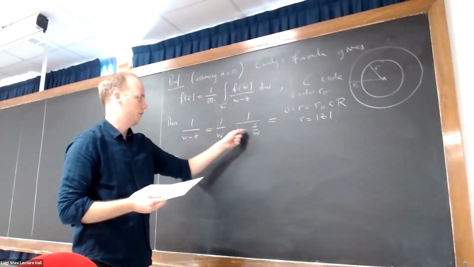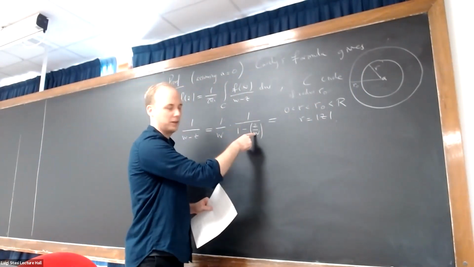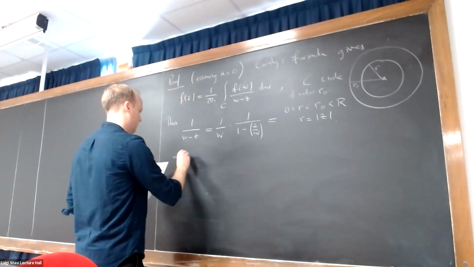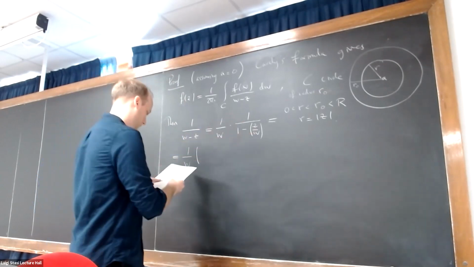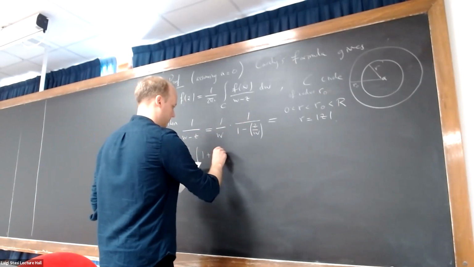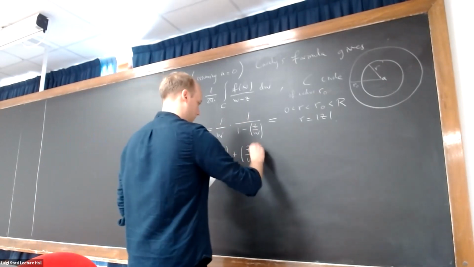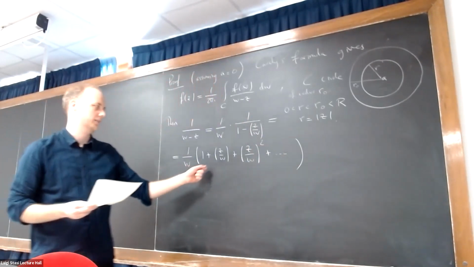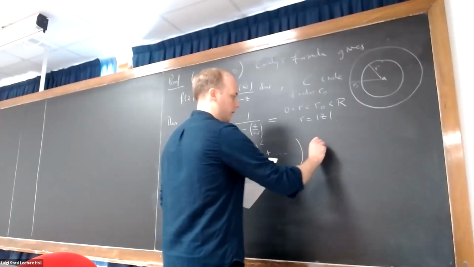So this 1 over 1 minus z over w is something that you recognize, this kind of expansion. It is classical, if you just put z over w as your variable now. And this converges.